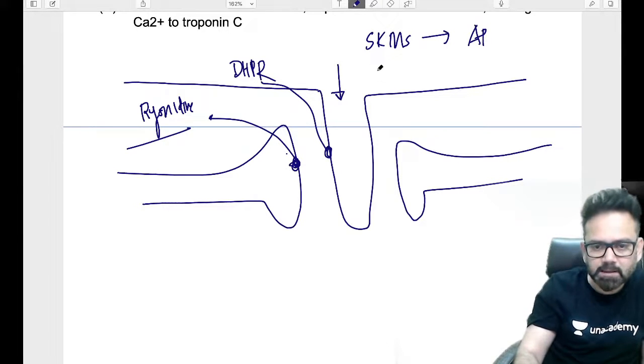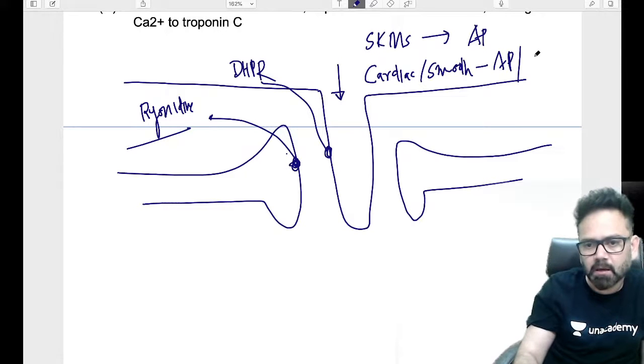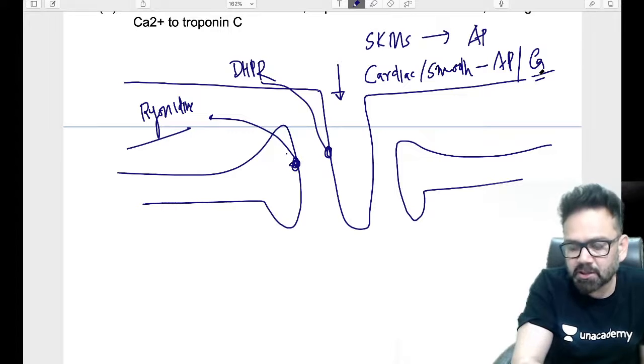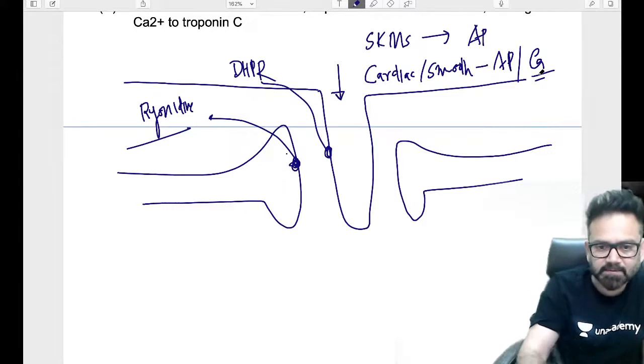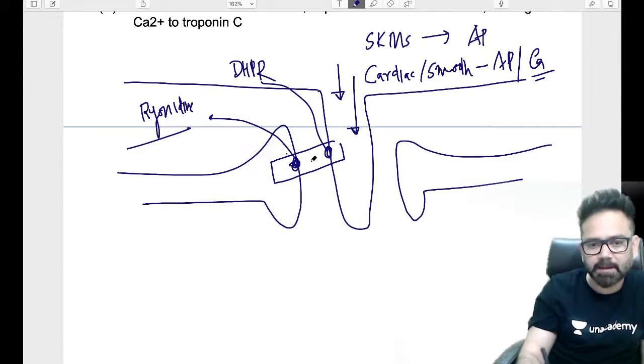In case of cardiac muscle as well as smooth muscle, not only action potentials are coming, but extracellular calcium is also needed. That is called calcium induced calcium release, and that will lead to physical coupling.